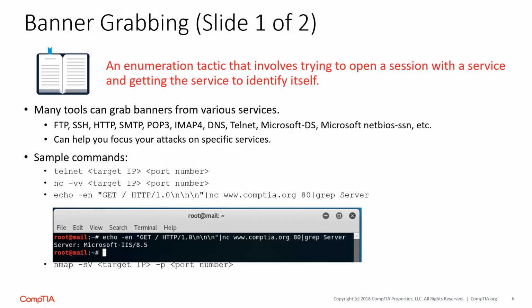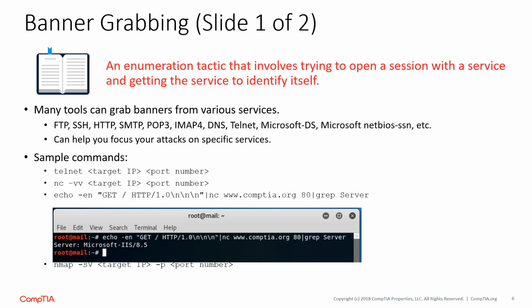One of the easiest things you can do to enumerate information is to perform banner grabbing. This involves attempting to open a session with the service and getting the service to identify itself. You can use Telnet, Nmap, Netcat, and other tools to grab banners from services such as FTP, SSH, HTTP, SMTP, POP3, and more.